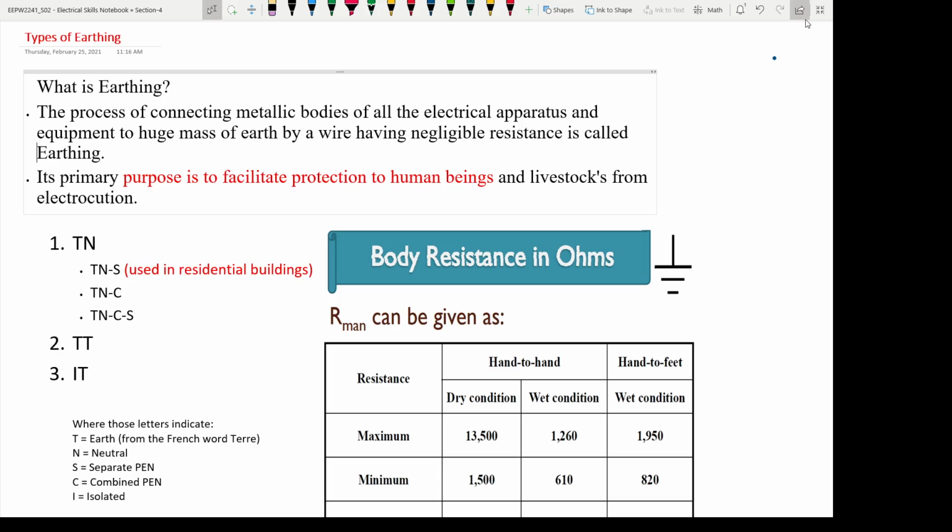We are going to discuss also earth fault loop impedance and fault current with respect to these earthing types, and we will see the comparison of different types of MCBs used with respect to these earthing mechanisms, how it trips and everything. Okay, so that's the agenda for this particular video.